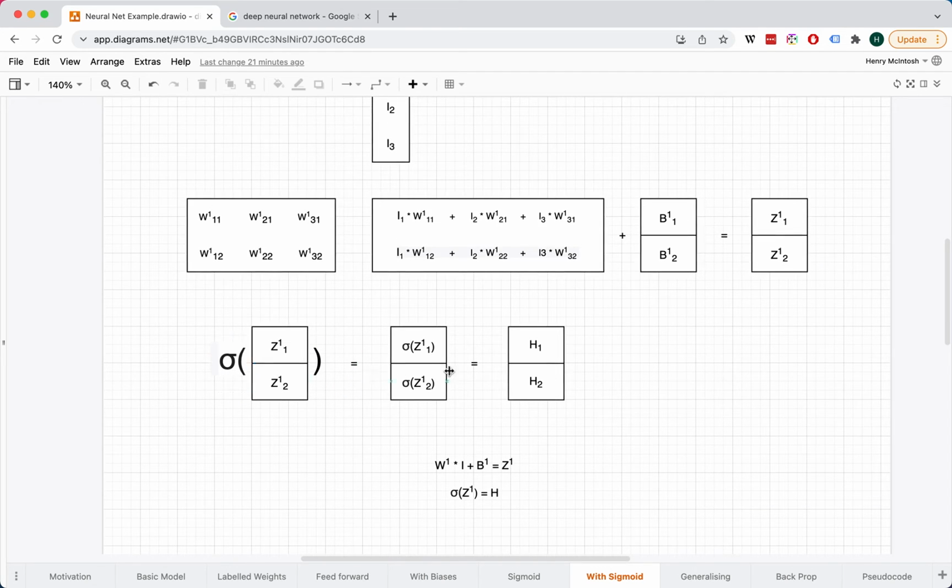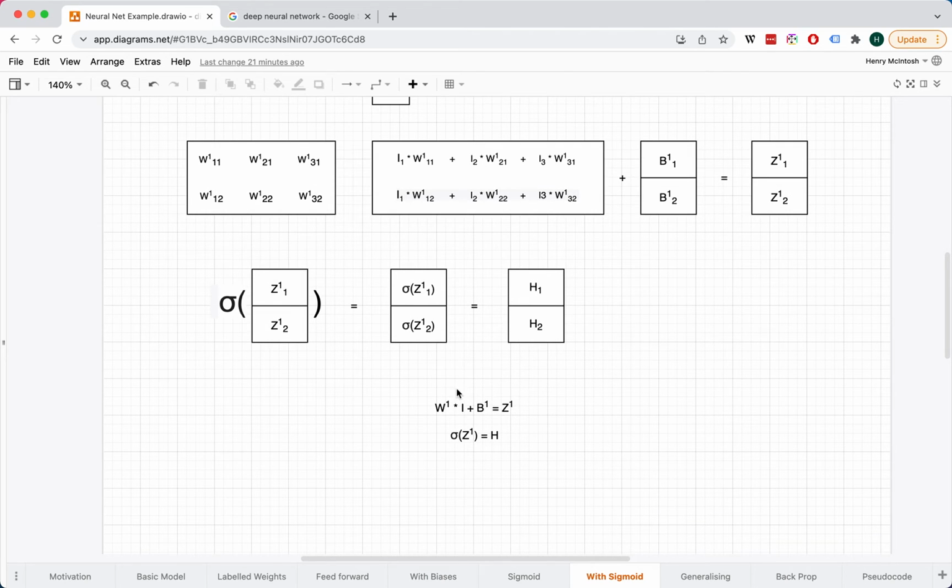And you can see here I've just specified that the sigmoid function of the vector is actually an element-wise operation. So for each element in the vector, we're going to take our sigmoid function for that element all the way down. So these are our functions now. We've got our weight matrix times our input layer plus our bias vector gives us our vector z, and then sigmoid of z gives us our hidden layer h.